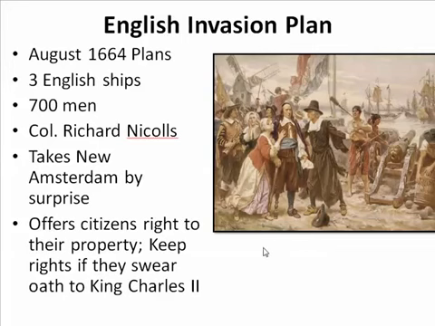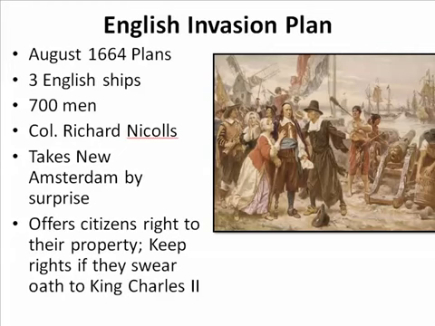Nichols tells them, you can stay here, you can keep your property, you can keep your rights, and you can keep limited interaction with the Dutch, but you have to swear an oath to King Charles II, because this land, these provinces, will be English, not Dutch. And so the citizens there who were Dutch looked at that as a great deal. At least they weren't coming in to kill them all or to run them out of where they had been accustomed to living.